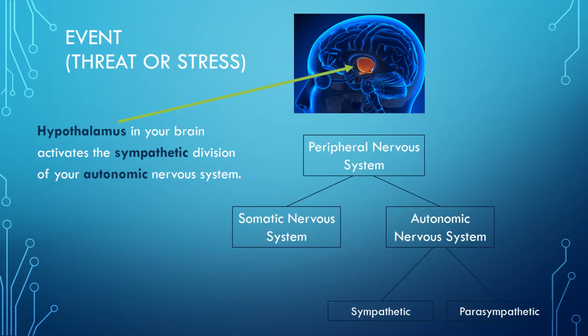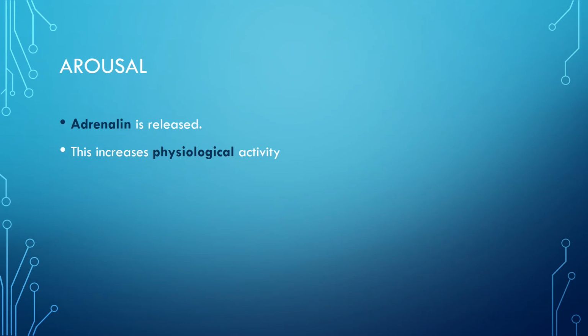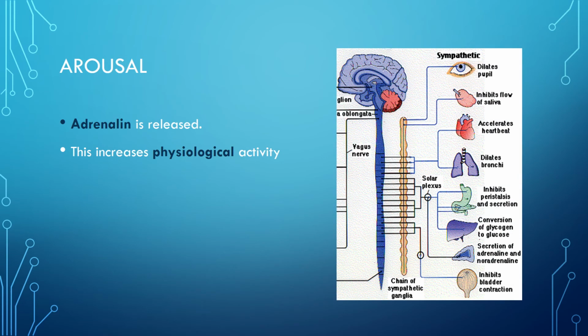Remember this diagram? Okay, part of the peripheral nervous system, the autonomic nervous system, the sympathetic division. The sympathetic division, which is this here, is the part that does all of the things on this diagram, and it does those because the hypothalamus activates the release of adrenaline, the hormone adrenaline, and the purpose of adrenaline is to increase physiological activity, and this is the arousal.